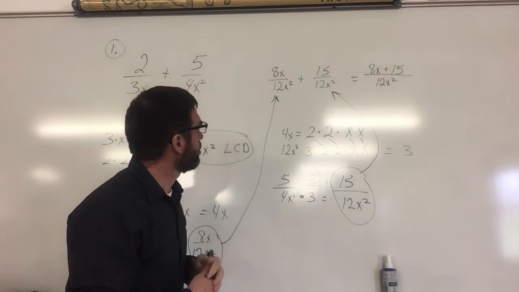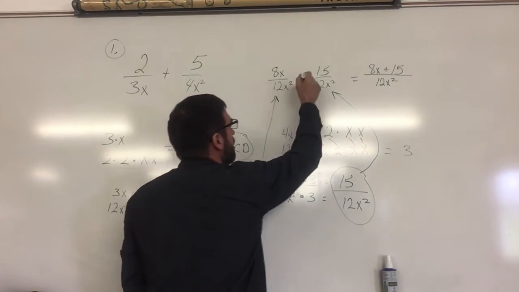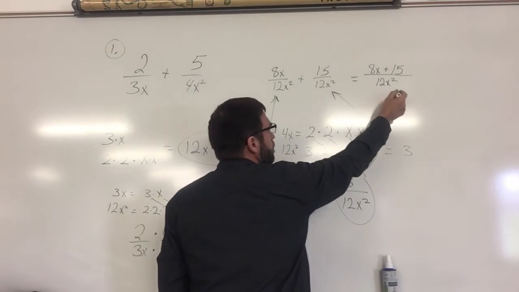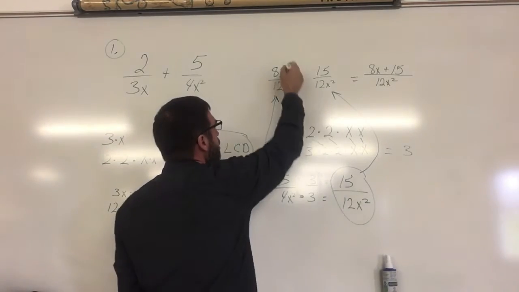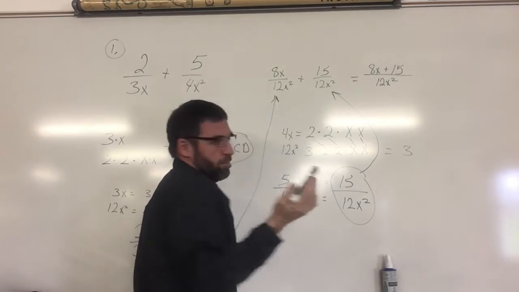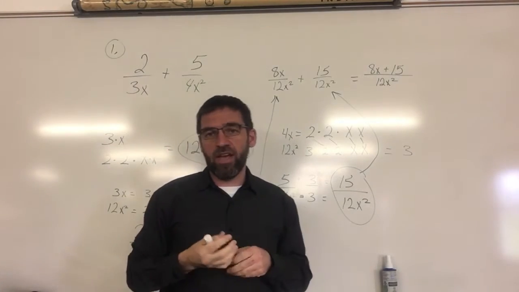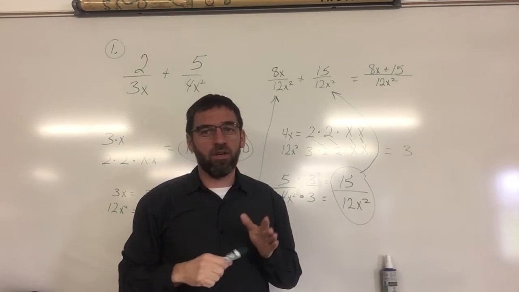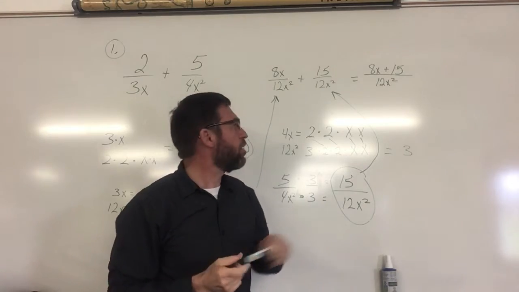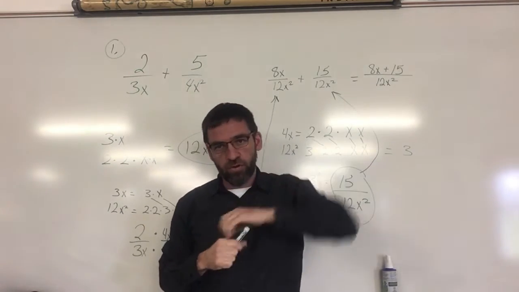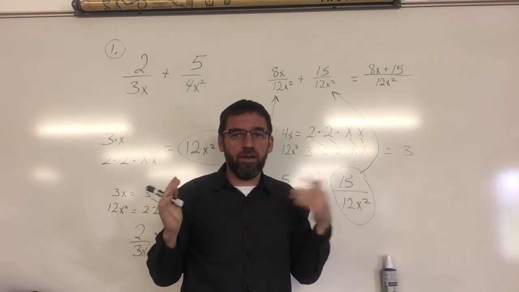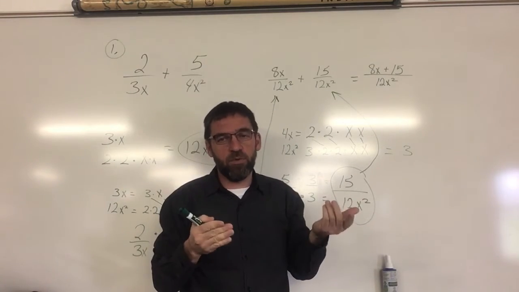Okay, so of course the common denominator, I just moved it over. It's just like a fraction. You add your numerators. Well, can you add 8x and 15 together? No. Now, if they would have both been x, you could have, but you cannot add a number with an exponent and an exponent.